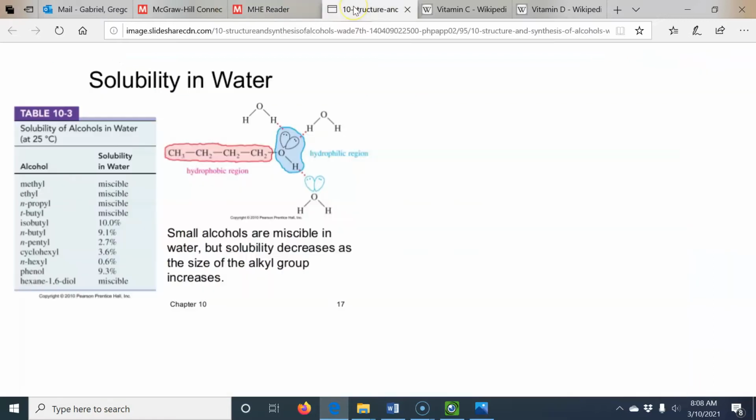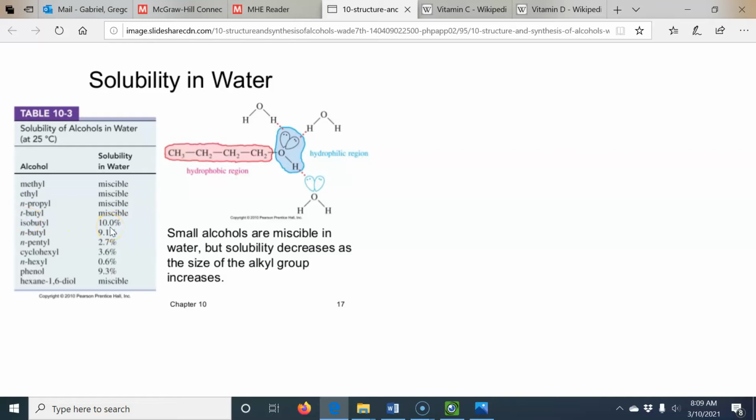The first one is water solubility, and the names of these two molecules that we were comparing, ethanol and 1-pentanol, you could also call ethyl alcohol and pentyl alcohol. When it's miscible, it's saying that it's 100% soluble in water. But when you start getting lower percentages, isobutyl alcohol is not very soluble.